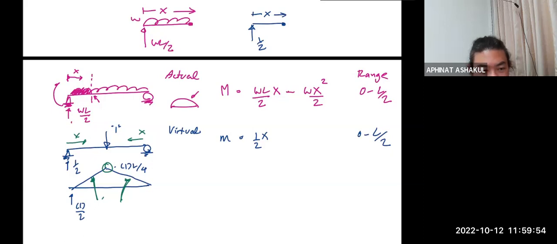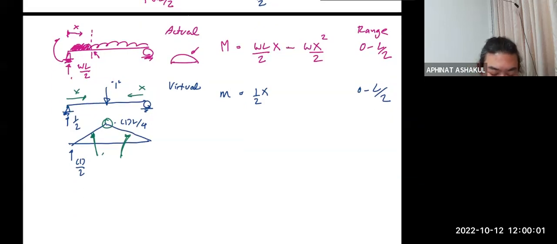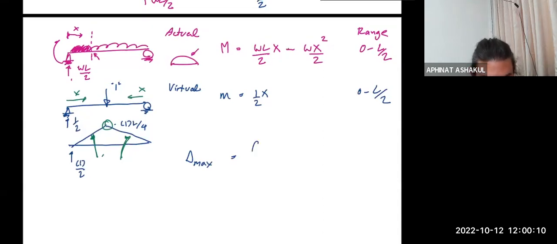Again, the question should be, well, you think this is difficult? Come on, man. I'm bored. Too easy. So the maximum deflection here should be, one more time, maybe, why not, the integral of WL over 2 x minus WX squared over 2 multiplied by X over 2 dx over EI.